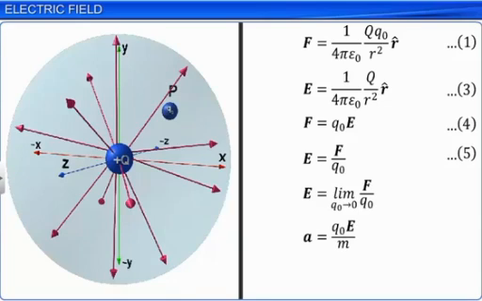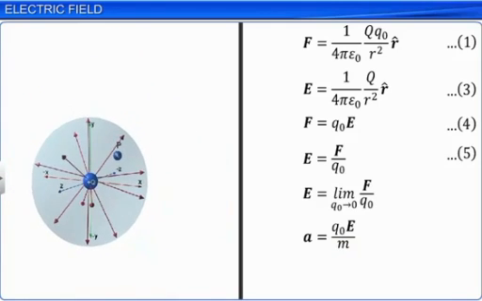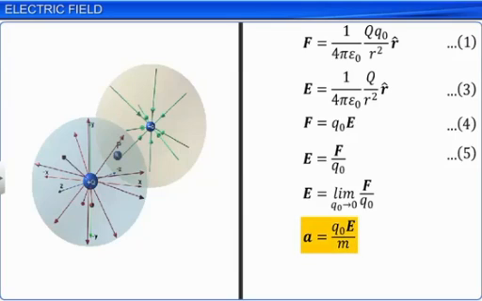In the field of a negatively charged particle, the electric field strength vector at any point in the field always points towards the charged particle in a radially inward direction. Here, the point charge q0 in this electric field will be accelerated in the direction opposite to the electric field. The magnitude of acceleration of q0 is the same regardless of whether the electric field is due to source charge plus q or minus q.